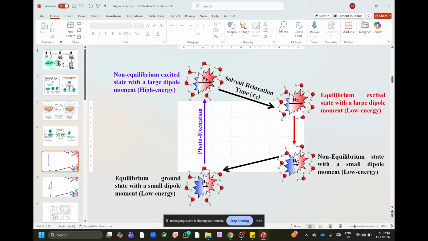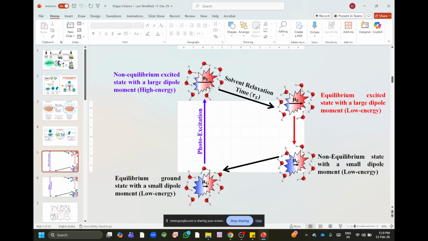But this photo excitation is so fast, even upon the excitation, the dipole moment of this molecule has changed. But the position, or I would say the orientation, of the water molecules has not changed here. Look closely. See the position of this water molecule, this, this, this, all the seven water molecules are exactly similar. But the dipole moment of this excited state has changed.